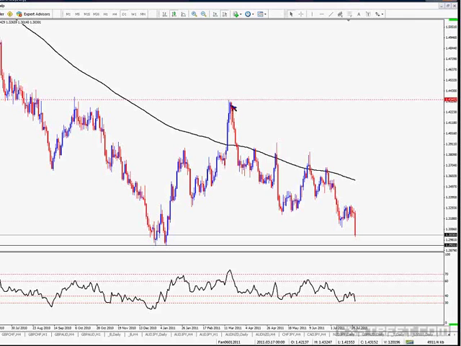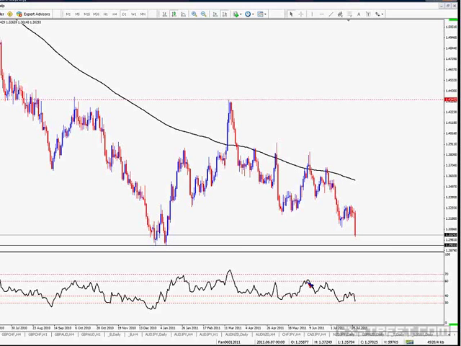So we have this ABCD pattern, and then we have this decline, a little bit choppier than I like, but you see the market now staying below the 200 moving average. So it's saying bearish, even though the RSI didn't break below 30 yet, it stayed below 60. So it's bearish.